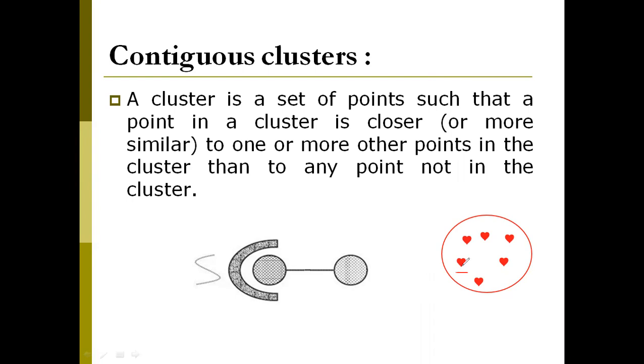This data point must be similar to at least one of the data points within the cluster. What is it? Contiguous means each point is closer to at least one point in its cluster.